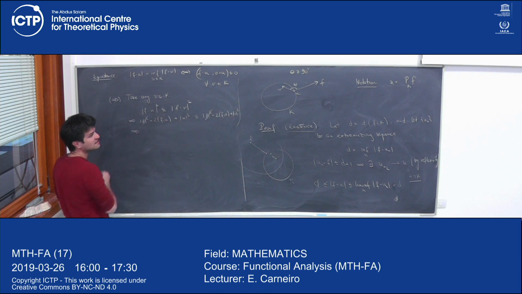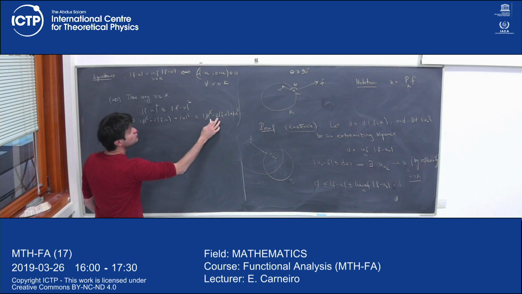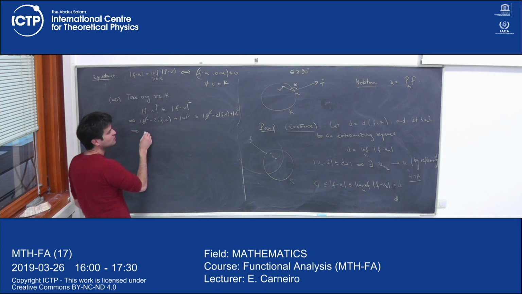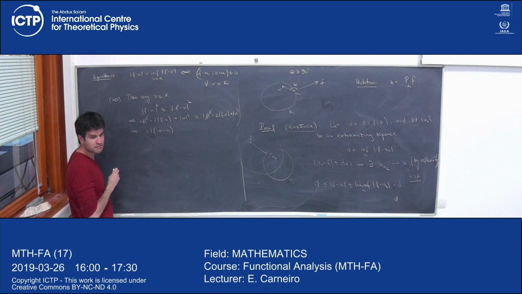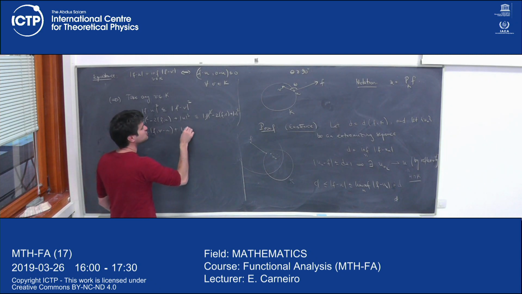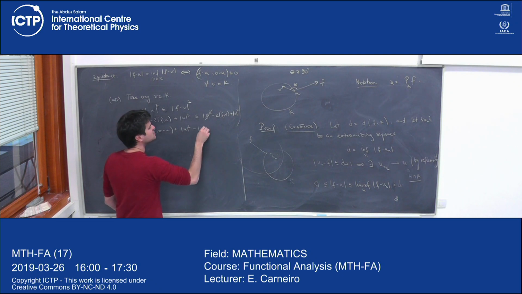This implies that, if I move everybody to the left-hand side, what do I get? 2F, V minus U. Is that okay? Plus U squared minus V squared is less than or equal to 0.